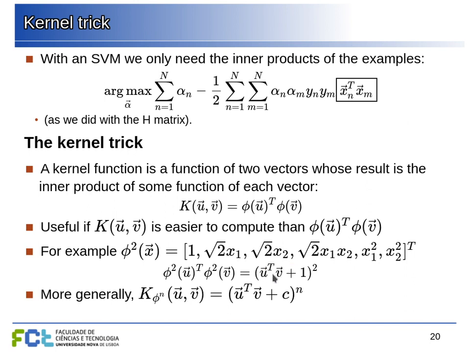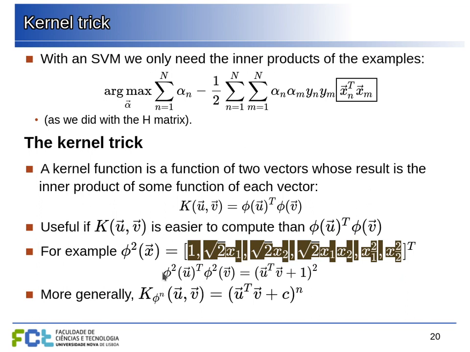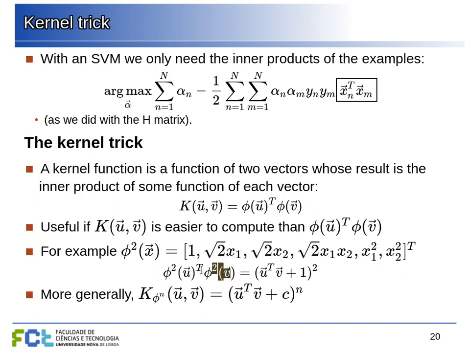If we did this, we get the same thing as applying this transformation to each of the vectors and then computing the inner product. And as you can see, this is much simpler to compute. So if we have a function like this, a kernel function, that gives us, as a function of the original vectors, the same thing as the inner product of their transformations, then we can simplify these inner products.